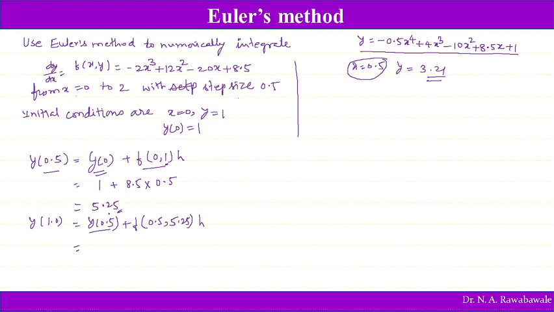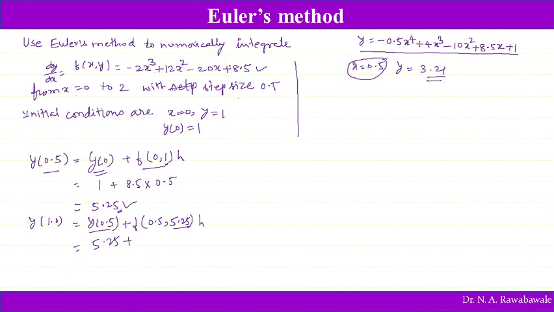So y(0.5) is 5.25, which we obtained, plus f of 0.5 comma 5.25. So the y value doesn't have any effect on this equation if we substitute the x value.